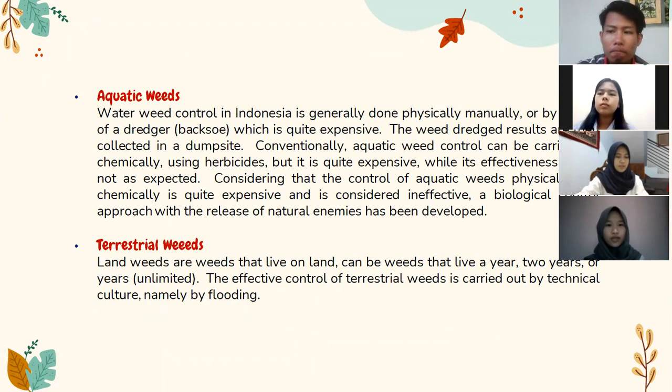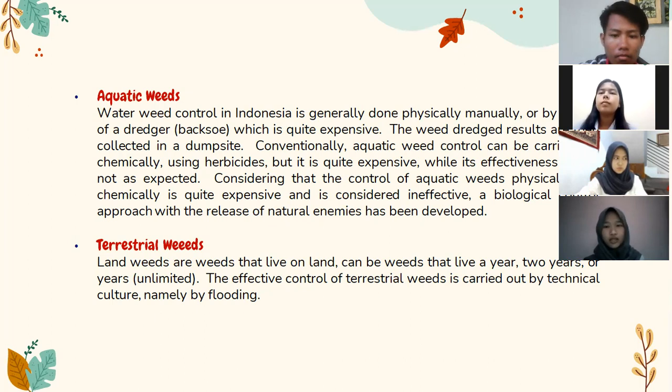Aquatic weeds. Water weed control in Indonesia is generally done physically, manually or by means of a digger, which is quite expensive. The weed debris is then collected in a dump site. Conventionally, aquatic weed control can be carried out chemically using herbicides, but it is quite expensive, while its effectiveness is still not as good.